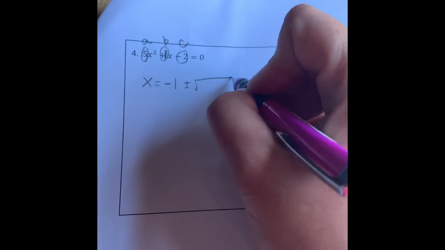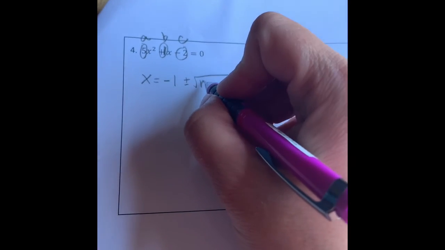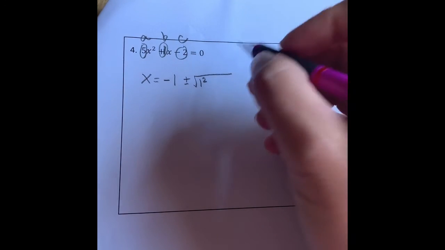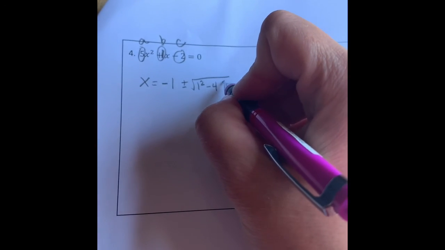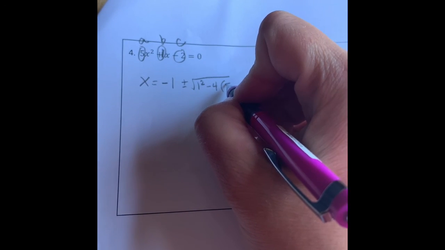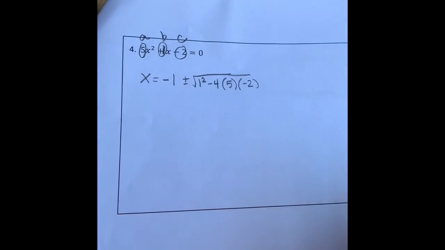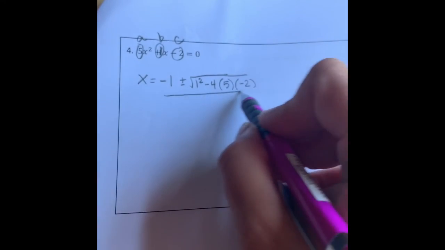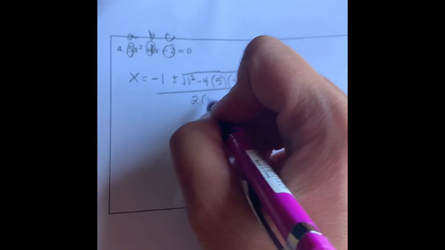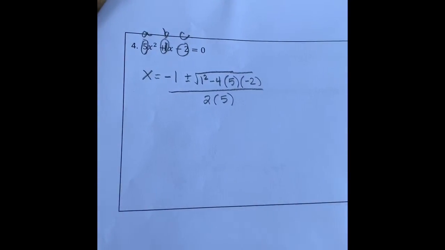Plus or minus the square root of B squared. So we have 1 squared minus 4 times A, which is 5, times C, which is negative 2, all being divided by 2 times A, which is 5.